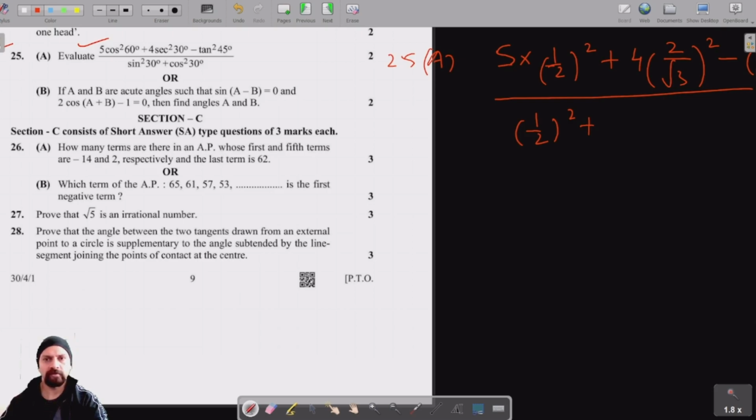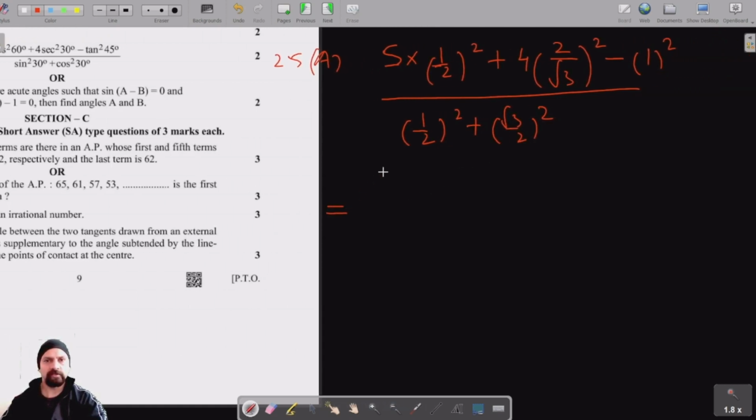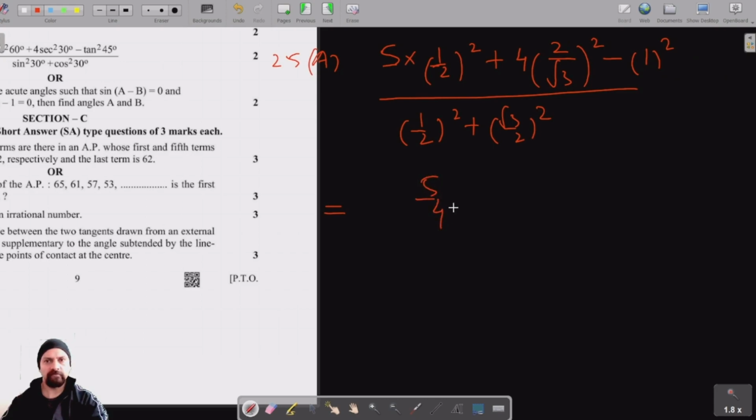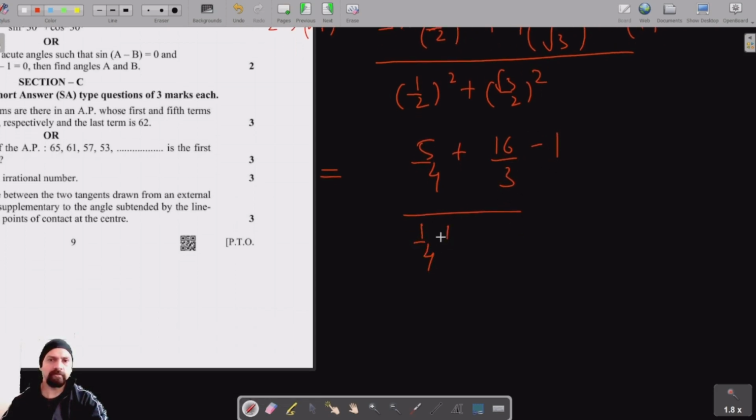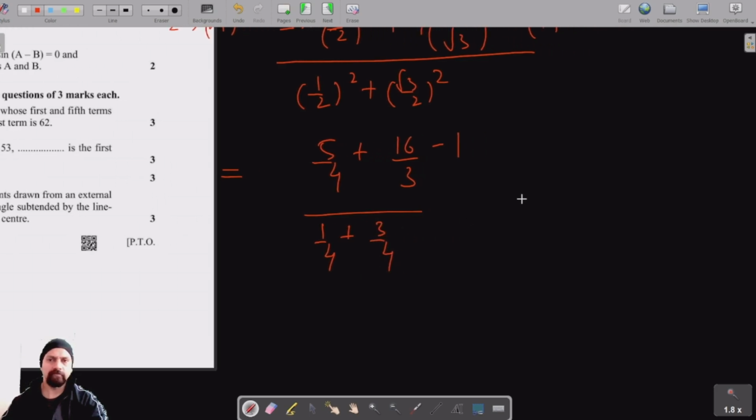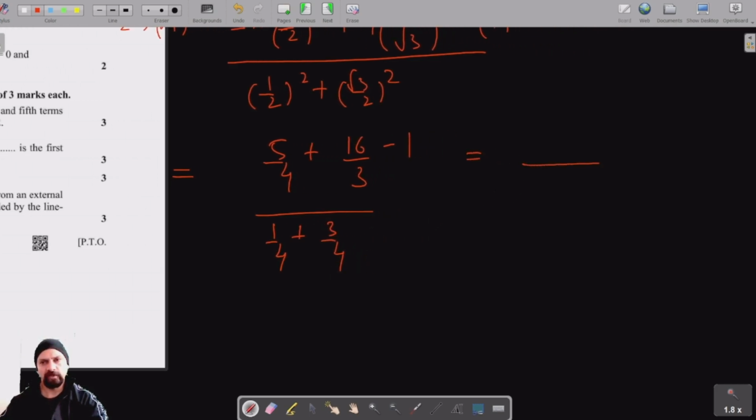So this is root 3 by 2, the whole square, which gives us 5 by 4 plus 4 into 4 by 3, minus 1, plus 1 by 4 plus 3 by 4. We can take the LCM here.